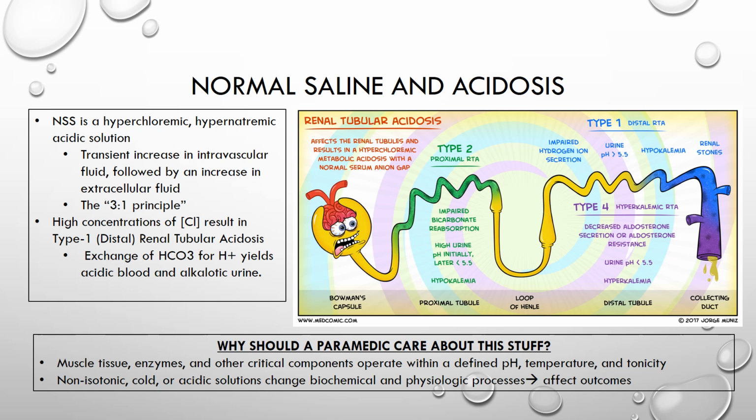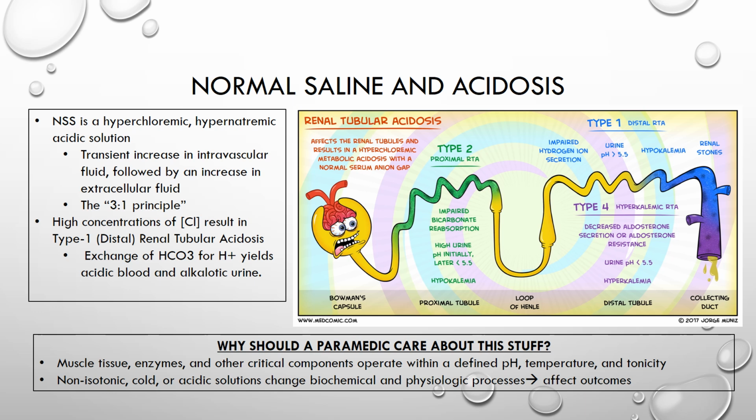So this is a little cartoon of the nephron, and what I'm trying to point out here is that this high chloride concentration that we create with the normal saline ends up hurting that distal tubule, that part of the blue/yellow there, and we get a type 1 distal renal tubular acidosis. The important part is that this is an impaired hydrogen ion secretion. We start exchanging chloride for hydrogen.